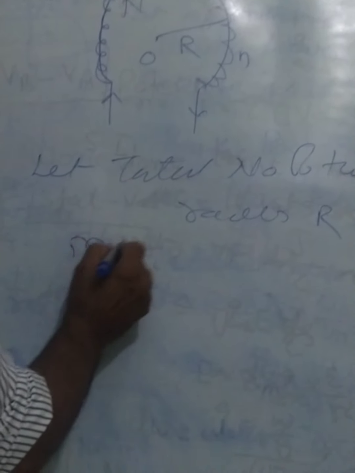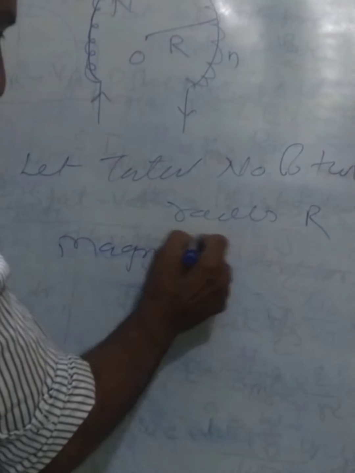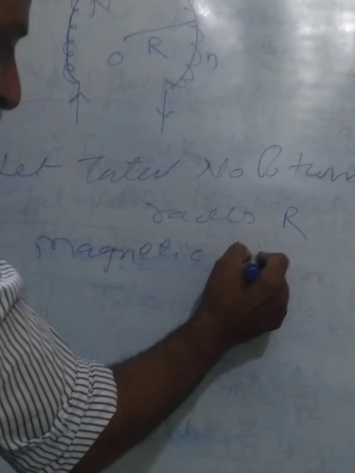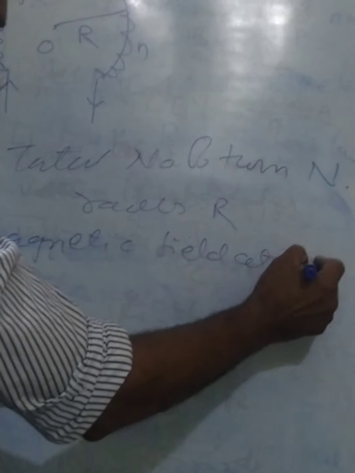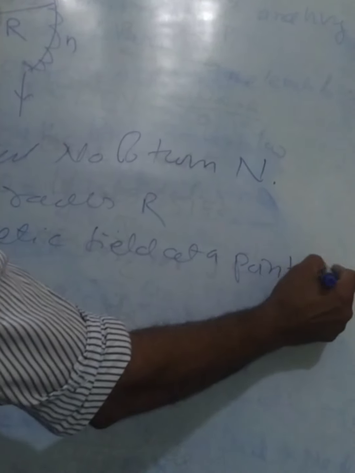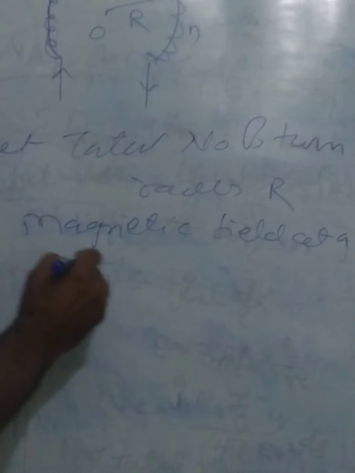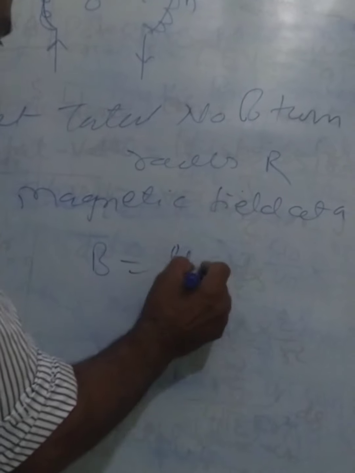So we will find the magnetic field at a point inside the toroid. Inside the toroid, B is equal to mu naught n I. I will call this equation number 1.